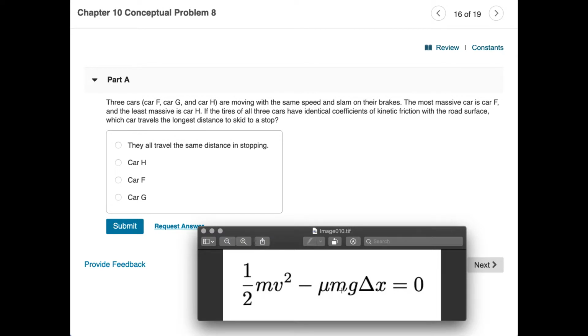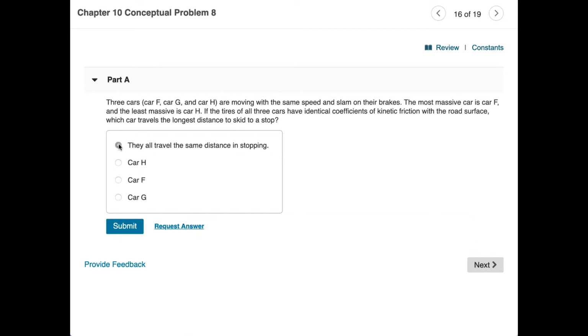The force of friction, which is mu mg, multiplied by the displacement delta x, brings the energy to 0. Notice in this equation, once again, just like the equation with the ramp, the masses cancel, making the solution to how far they skid when coming to a stop independent of mass. So the fact that F, G, and H all have different masses is a distractor. They all travel the same distance when stopping.